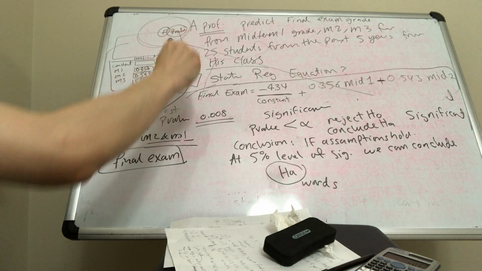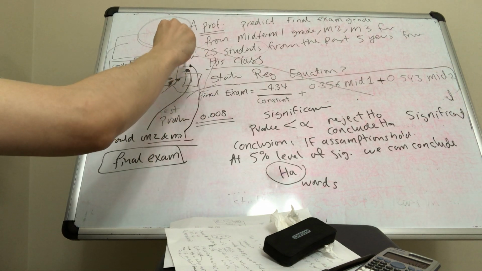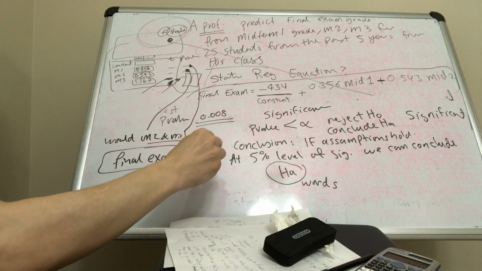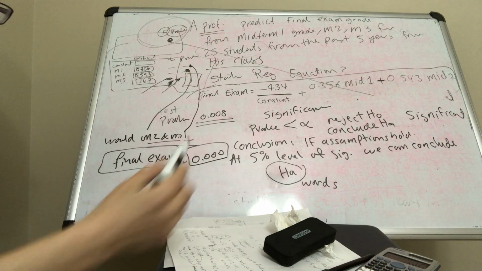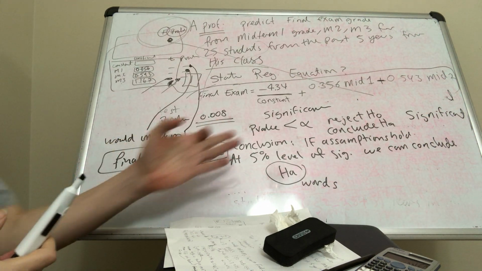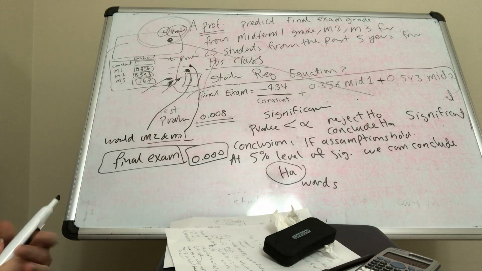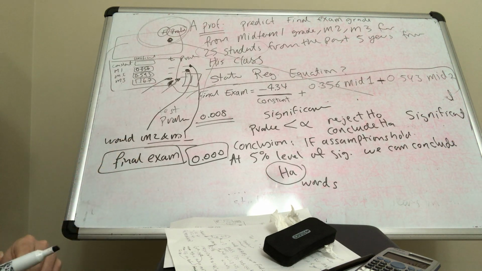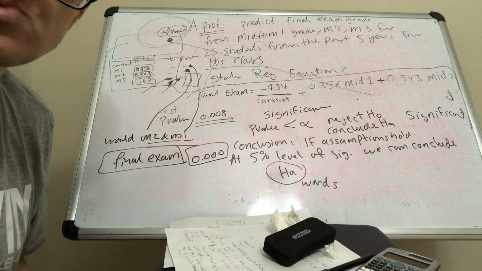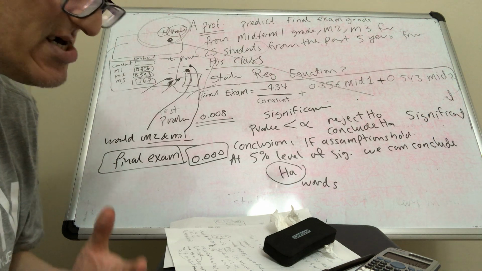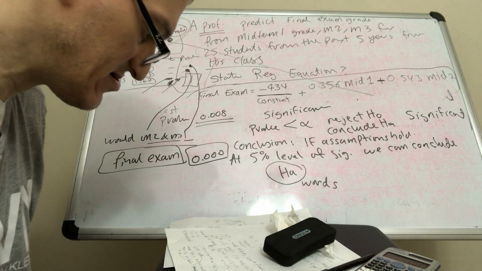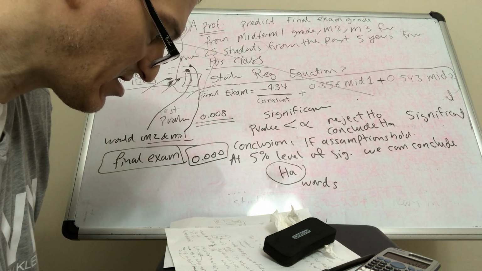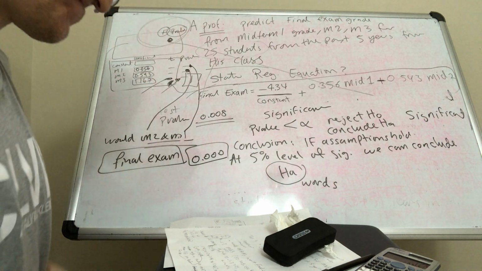You would look at the p-values here, and both p-values were 0. So both p-values are less than alpha, so you would have the same conclusion. Anytime your p-value is less than 5%, the conclusion is yes, there is an effect. One increases, the other increases.